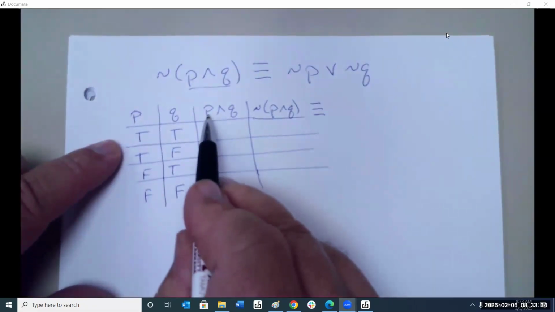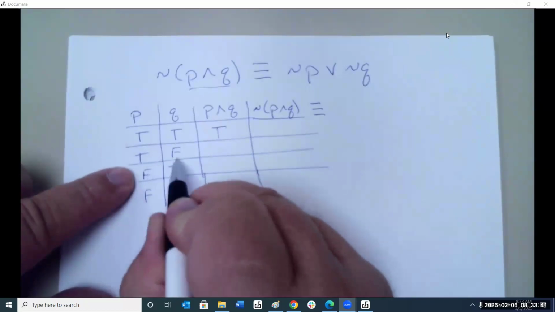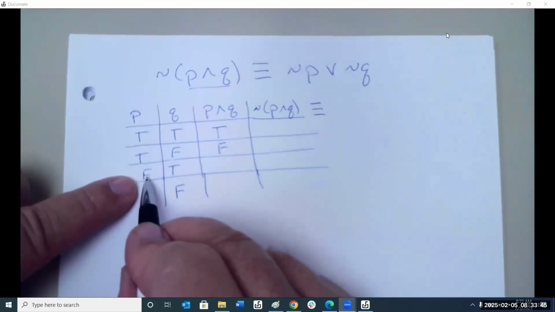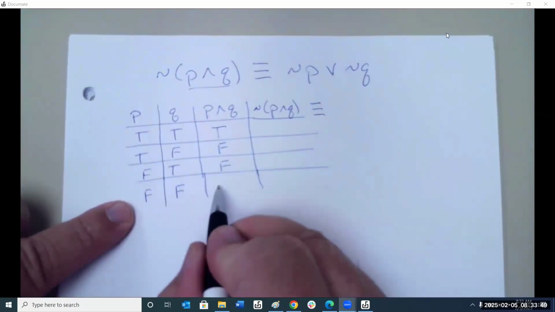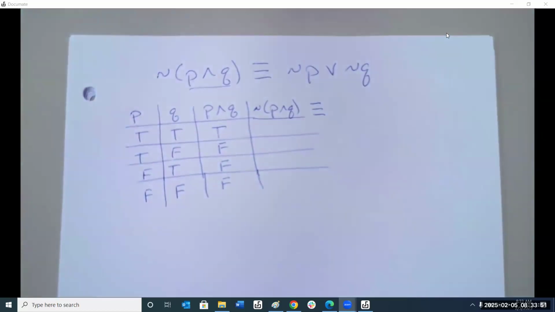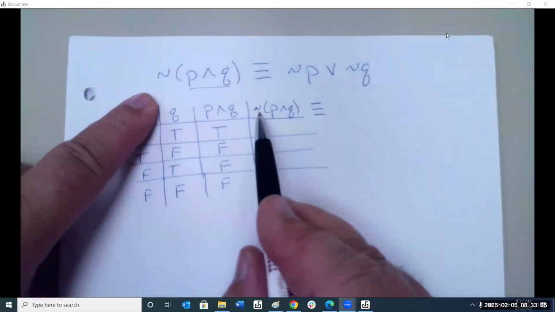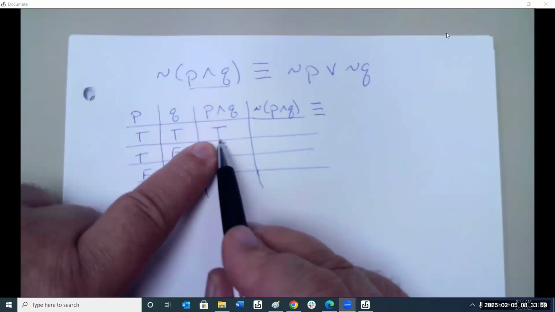So in the next column, P and Q, what is this one going to be? True and true is true. True and false? False. False and true? False. False and false? False. We just did the inside of the parentheses. Now we have to do the not (P and Q). So what's not T?